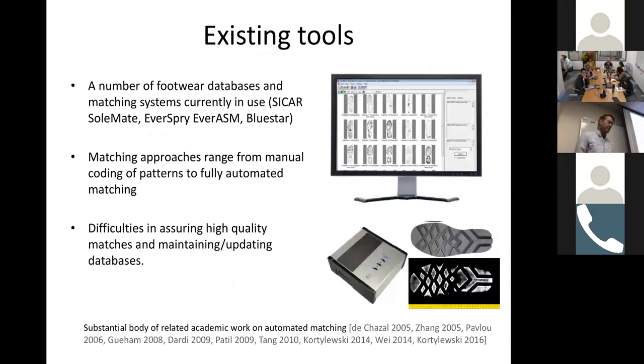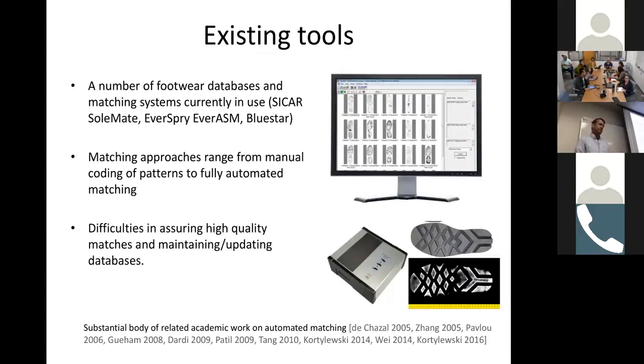Despite these challenges, there are some existing tools that are used in practice. There are a number of commercial footwear databases which come with systems for trying to match class characteristics: Sidecar, Soulmate, Everspry, Blue Star, which is the software used by the UK police force.